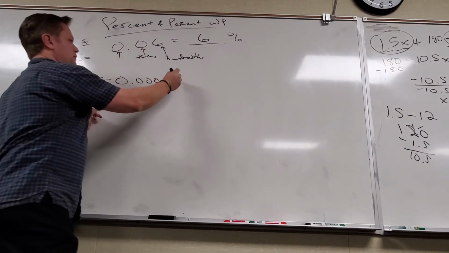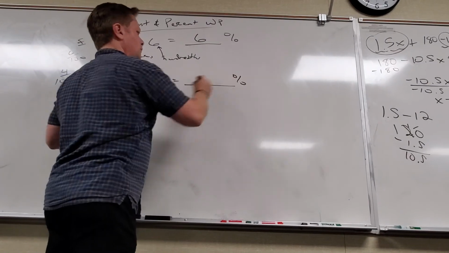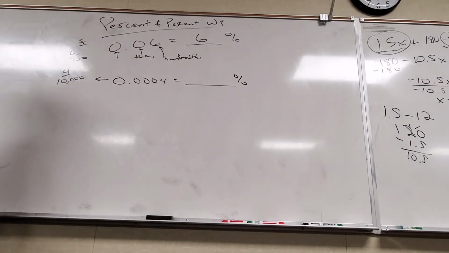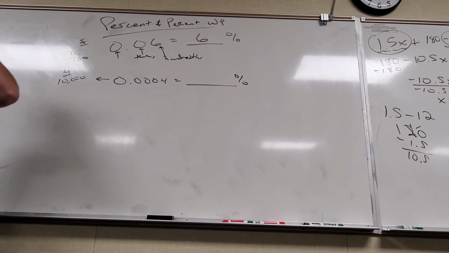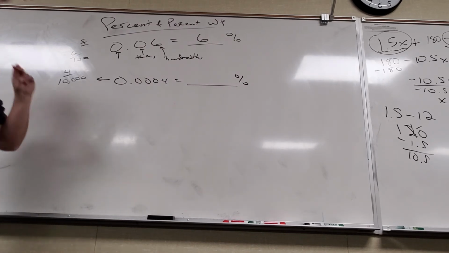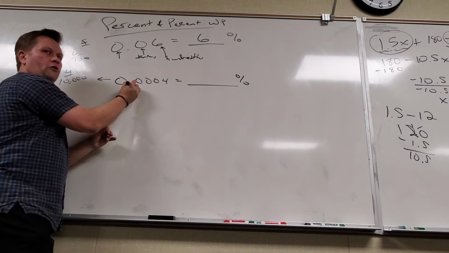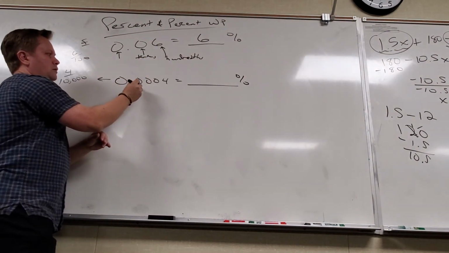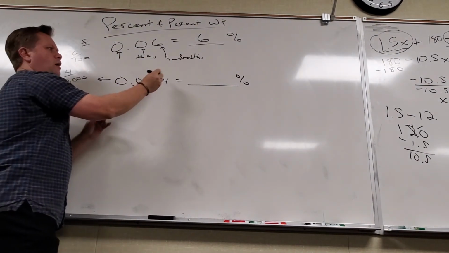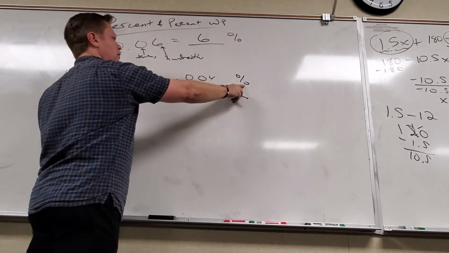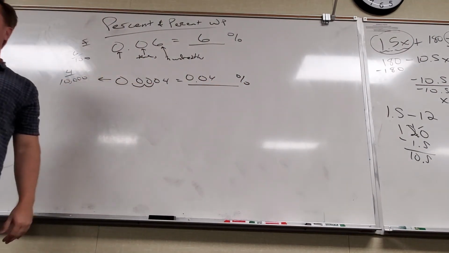What would it be as a percentage? 400. Oh, wait. Are you saying 400ths? Yes. So how many times you got to move it over always to make it into a percentage? Twice. Why twice? Because percent is per 100. It's got 2 zeros.